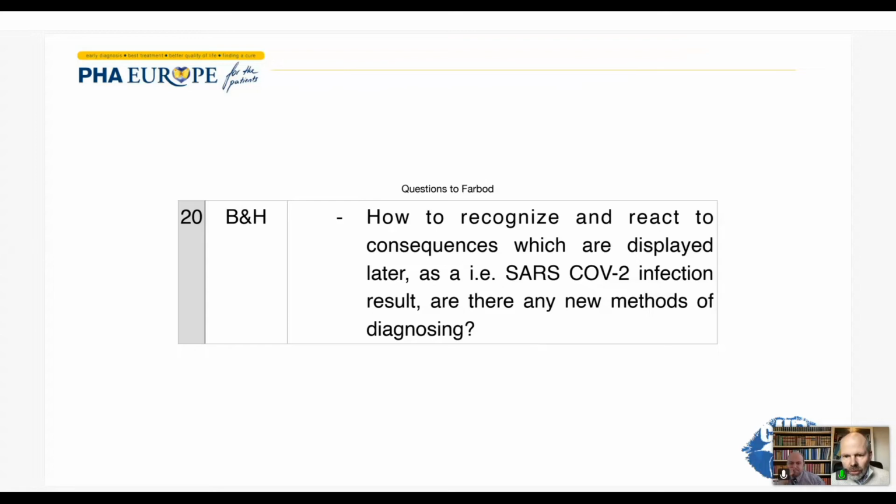as SARS-CoV-2 infection results? Are there any new methods of diagnosing? If I parse this question correctly, I think that the answer is not really. The way we would think about this, particularly in the context of COVID, is when you get your COVID infection, you get a lung infection, and that lung process with the low oxygen and all that sort of runs through its course.